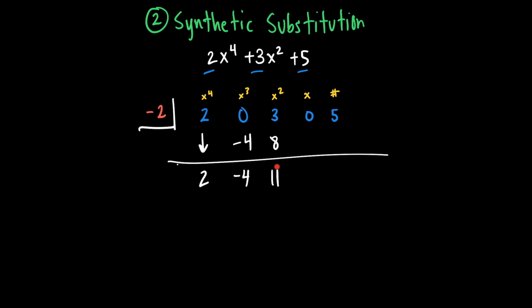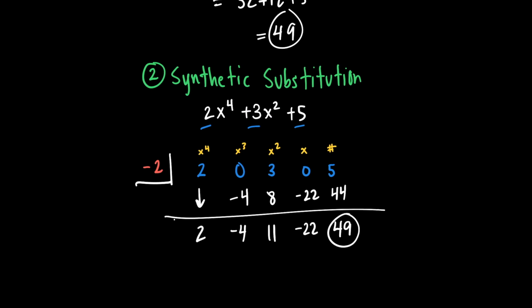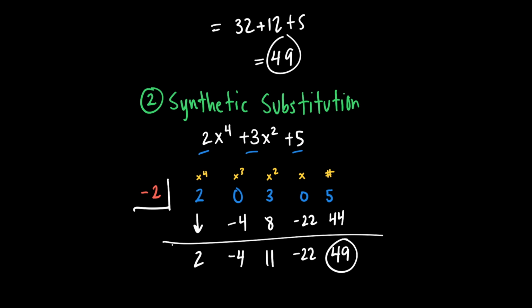Then negative 2 times 11 gives negative 22. We add these two numbers and get negative 22. Negative 2 times negative 22 gives 44. If you take 5 and 44 and add them, look at that, we get 49, the exact same answer that we got from direct substitution. So that's the synthetic version.